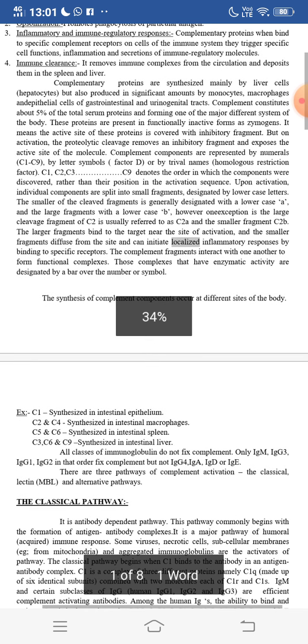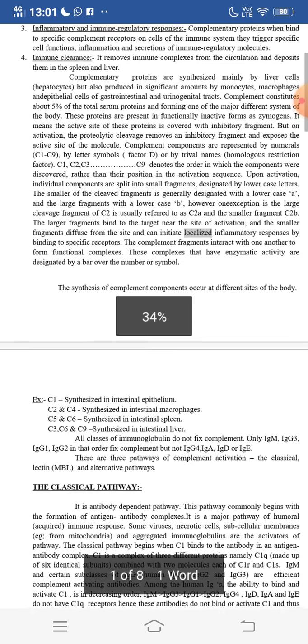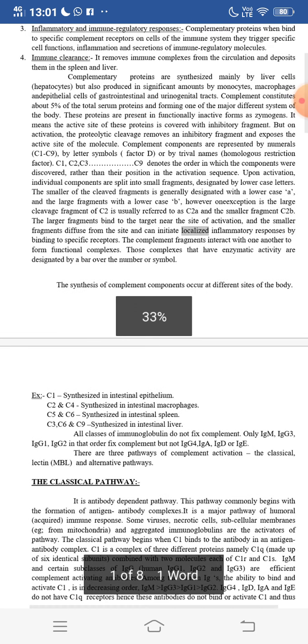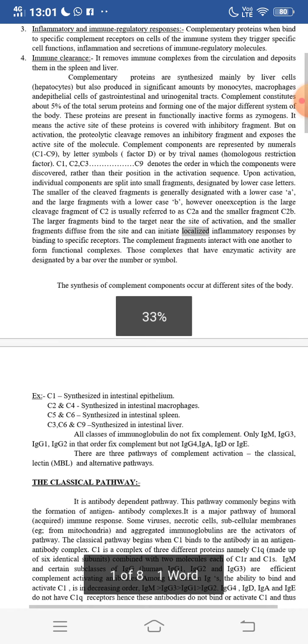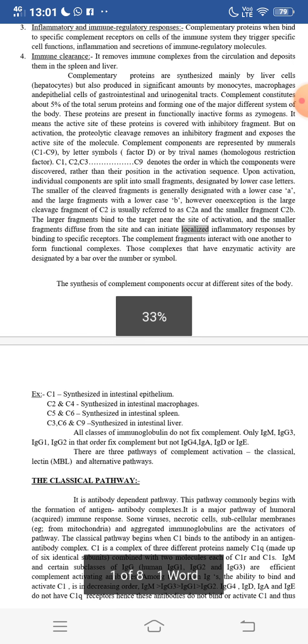After joining together, they form a complex that has enzymatic activity, that is, they can act as enzymes, and these are noted by putting a bar over the number or symbol.